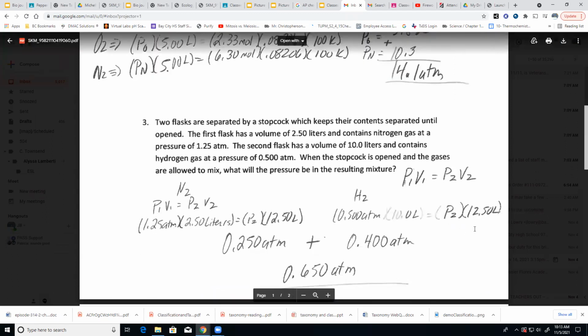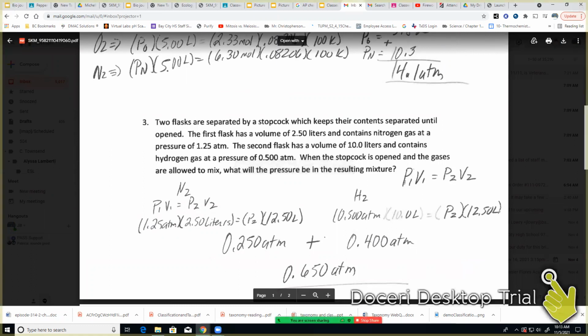So number 3, that one was kind of a little hard for people. I had a couple people that might've been looking for temperature on that, but this was your V1 and this was your P1 for your nitrogen.